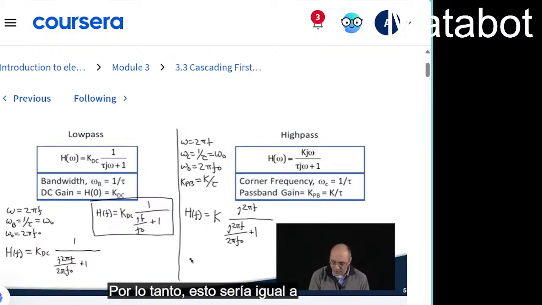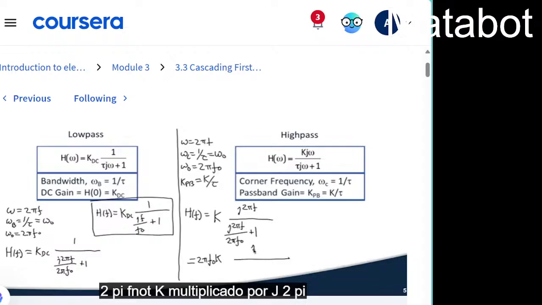So this would be equal to 2 pi f naught K times j 2 pi f divided by 2 pi f naught, divided by j f over f naught plus 1.